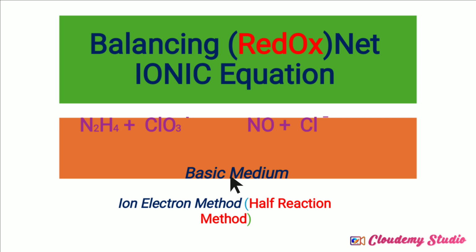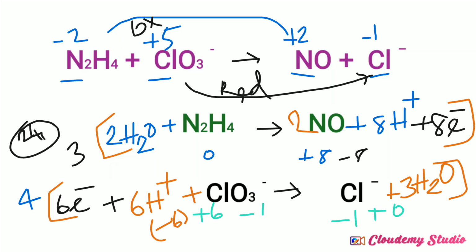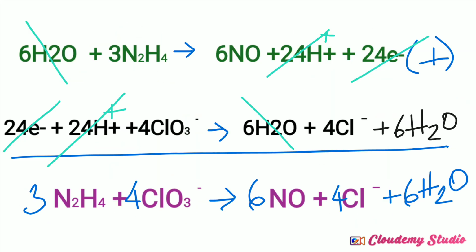If the reaction takes place in basic medium by the ion-electron method, at the final step we need to add hydroxide ions on both sides, if the resultant equation has hydrogen ions.